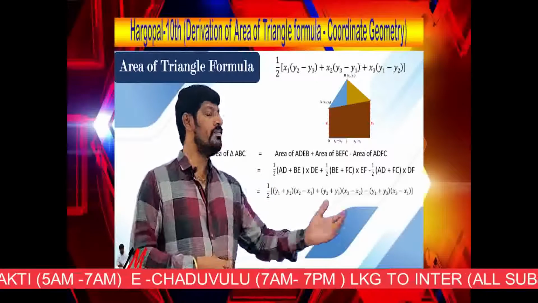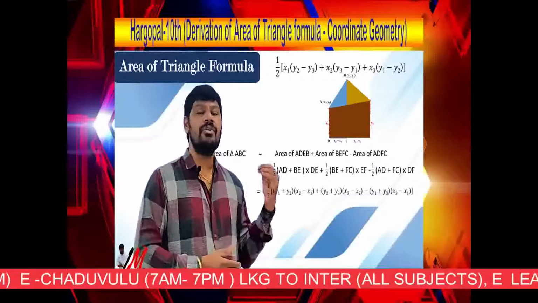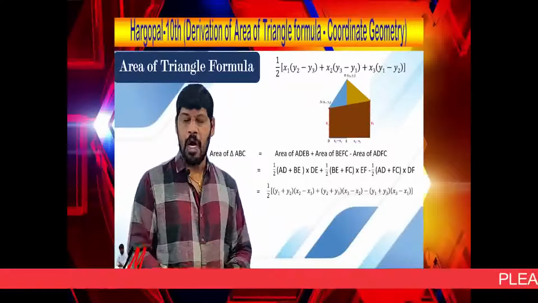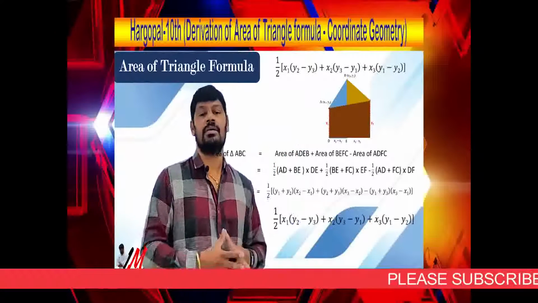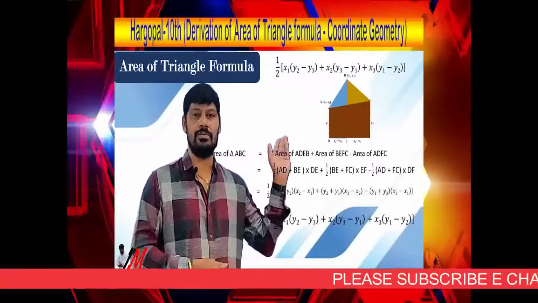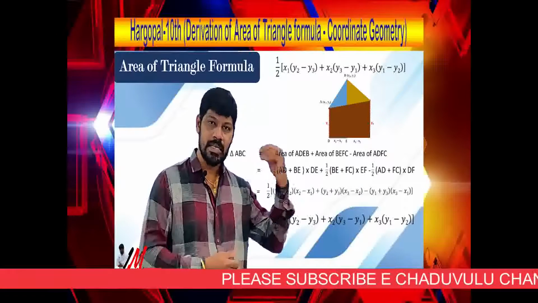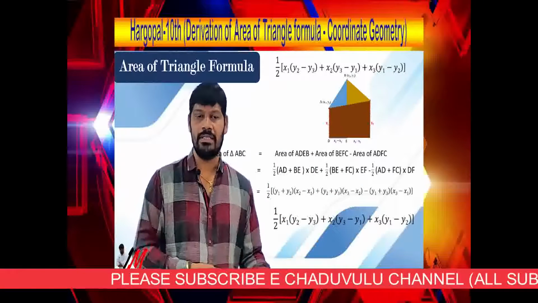Now observe carefully, in every part we got the parallel sides as well as the height, and if you simplify and arrange in proper order, what you are going to get is nothing but the area of the triangle, that is half into [x1(y2 minus y3) plus x2(y3 minus y1) plus x3(y1 minus y2)]. So that's what we are going to get here.